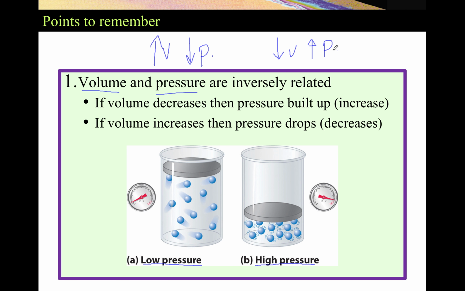This is really important because when you think about your rib cage expanding, the volume of your lung is increasing, and therefore the pressure inside the lung decreases. In the opposite scenario, where your rib cage moves inward, the volume of your lung is decreasing, and as a result, the pressure is building up.